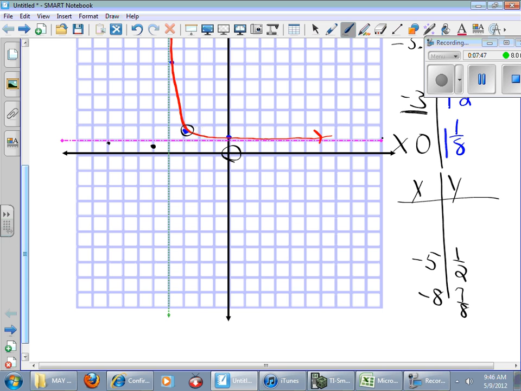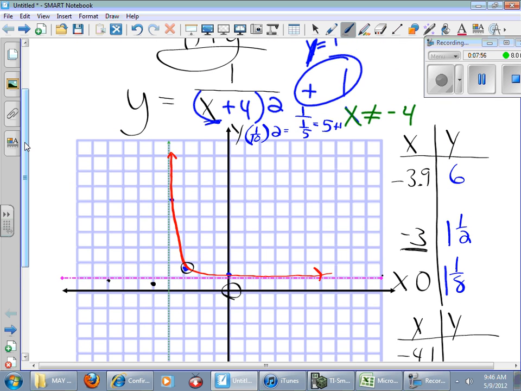All right, now I picked negative 3 and 9/10. This time I'm going to pick negative 4 and 1/10. All right, and again, I wrote a decimal, but I'm going to do the fraction in my head. Negative 4 and 1/10 plus 4 is actually negative 1/10. Times 2 is negative 2/10, or better said as negative 1/5. Which is negative 5.